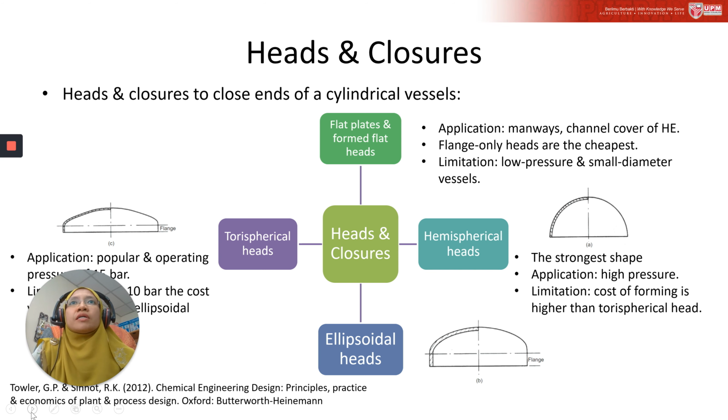We use heads and closures basically to enclose our vessels, either on the top or the bottom. The main types are flat plates, or formed flat heads, and then we have hemispherical heads, ellipsoidal heads, and toruspherical heads.